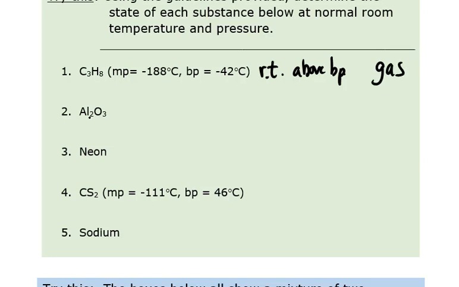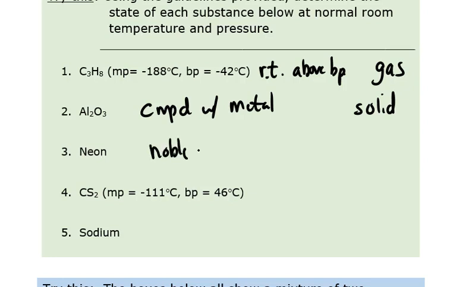Aluminum oxide, it's a compound containing a metal. So we can just use the guideline that says that's got to be a solid. Neon, that's a noble gas. So it is a gas. CS2, carbon disulfide. Here's some melting point and boiling point data.